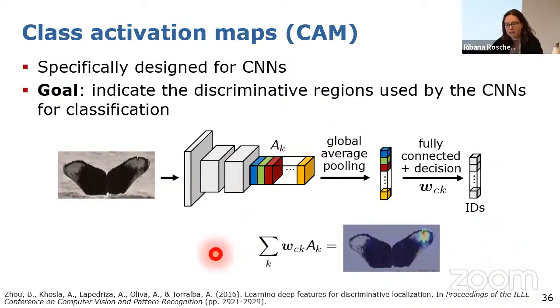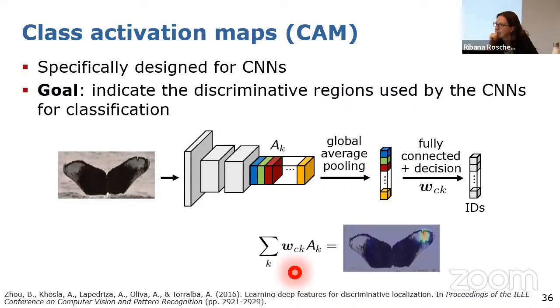Okay, and these CAM class activation maps are in the end very simple. You multiply these weights in the final layer with these activation maps. This is for Grad-CAM, but it would look similar. This is specific for one class.